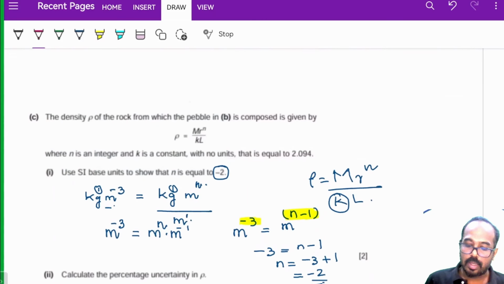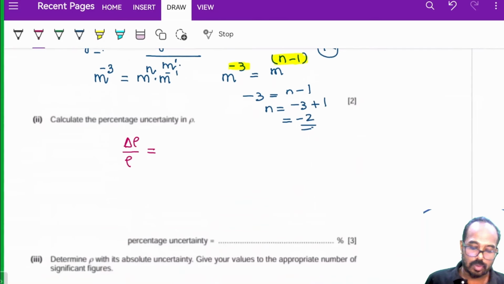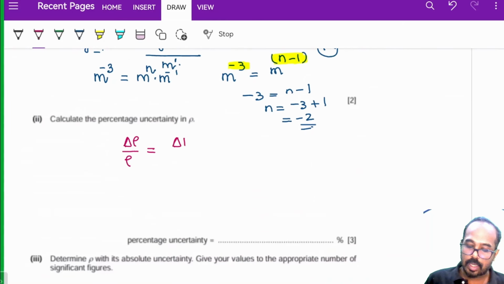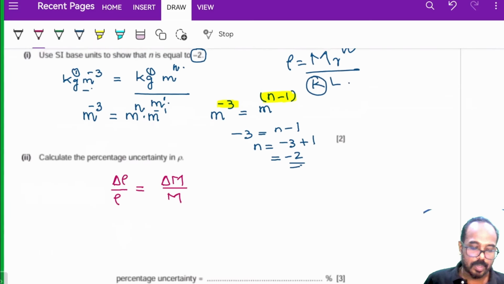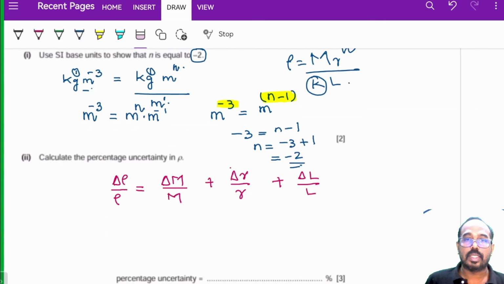M, R, L, right? So delta M upon M. What is this? Fractional uncertainty in measuring the mass, plus delta R upon R. What is this? Fractional uncertainty in measuring the radius. One more quantity is there. What is that? Delta L upon L, the fractional uncertainty in measuring the length.